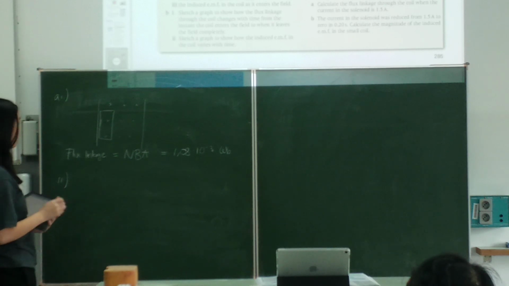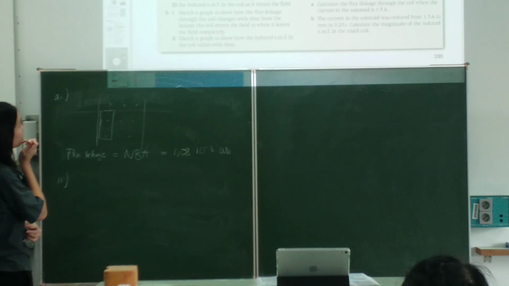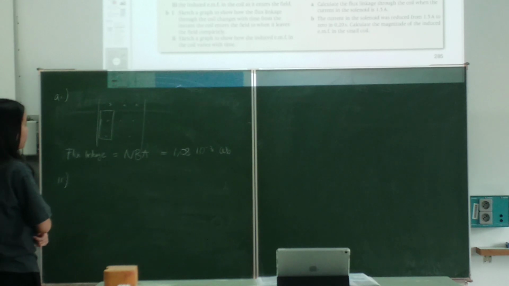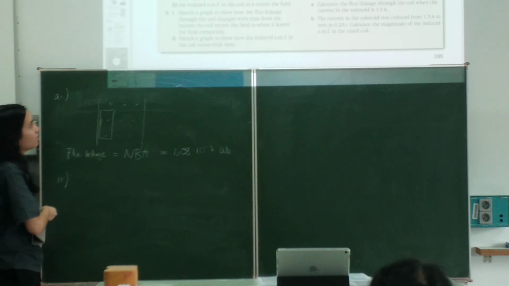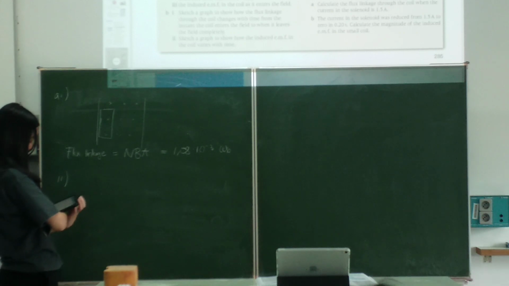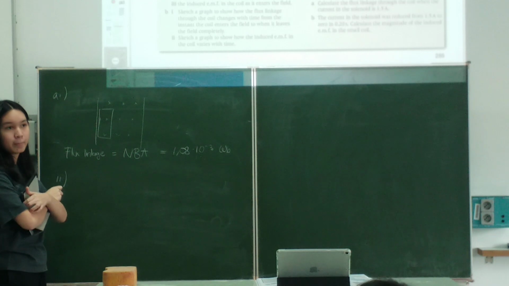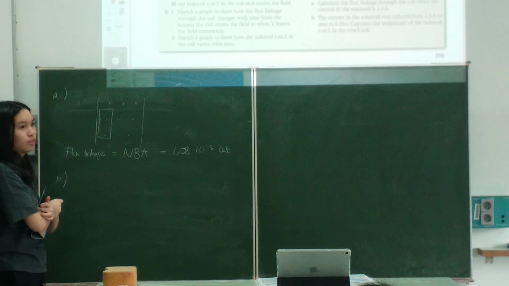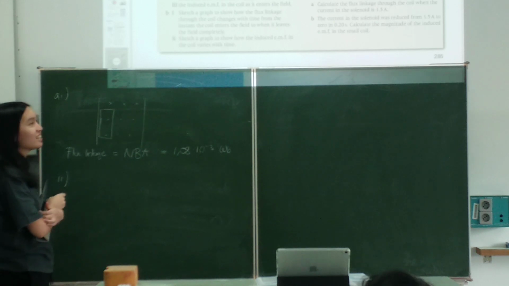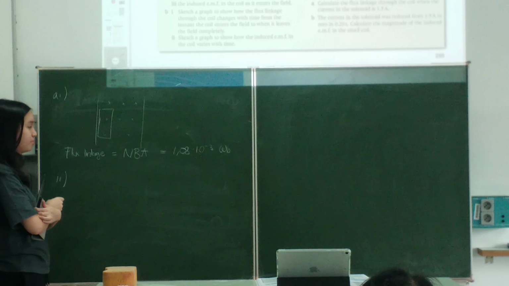What is the question? The time taken for the flux linkage to increase from 0 to its maximum. So what is the time? Brother Vincent has helped us to calculate the time last time, remember? The width divided by speed.